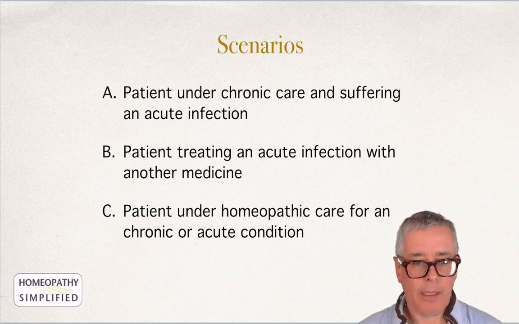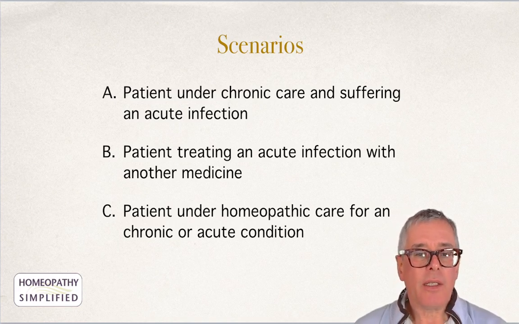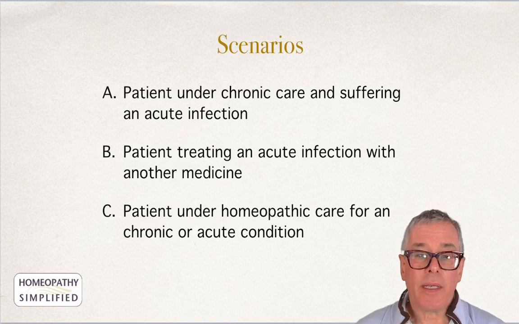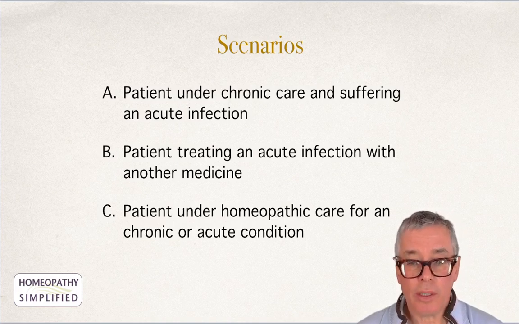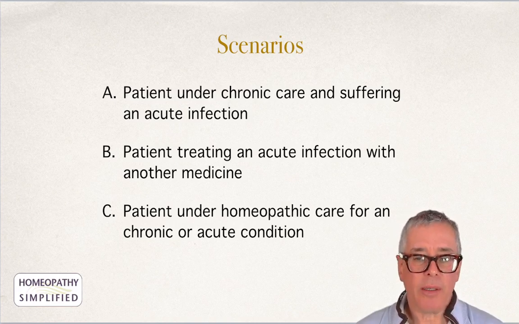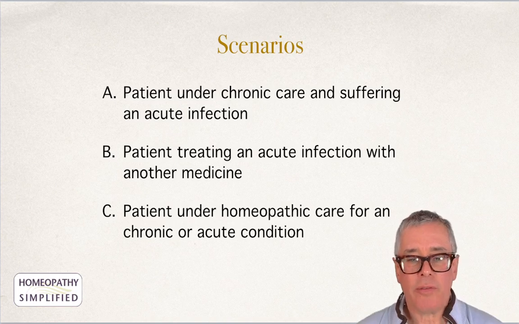So the patient's under homeopathic care for a chronic or an acute condition. So if you're using homeopathy to treat these chronic or acute conditions, it may be necessary to add another treatment. And it can work in the same way as the scenario A, where the effects of the remedy are known and therefore the effects of the other treatment, medicinal or therapeutic, can be measured or evaluated.